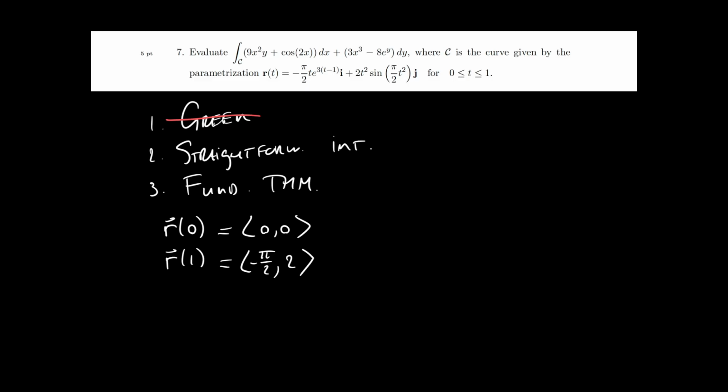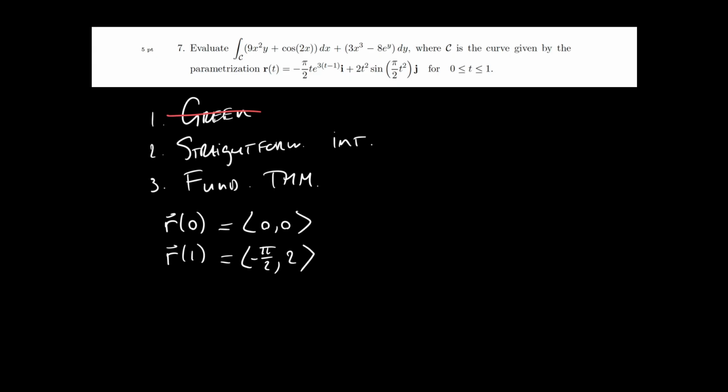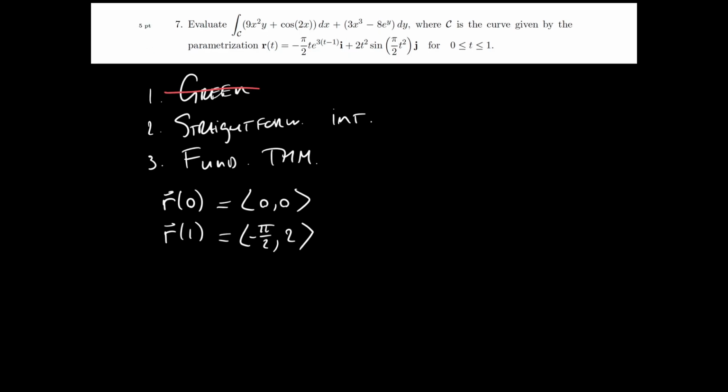All right, so in order to see whether we can apply the fundamental theorem or we should straightforwardly integrate, what we have to check is whether our vector field is conservative. We can do that by trying to find a potential for this function. So let me start by giving the vector field.